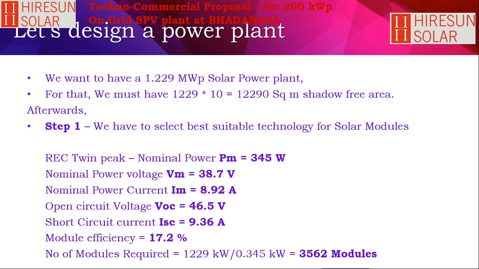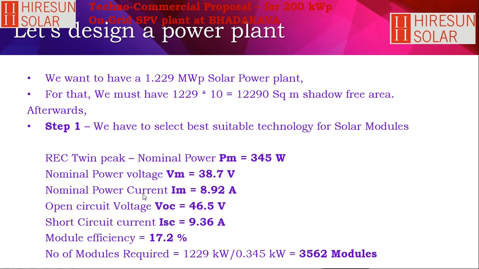So the ultimate case is usually depending upon the VOC and VM. So those who are working with the VOC and VM, ultimately your VM is 1.2 times less than the VOC. That has been also considered in the same case over here.